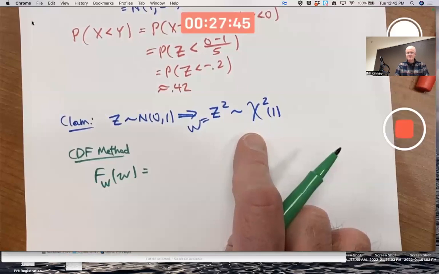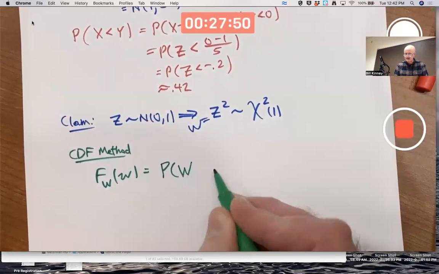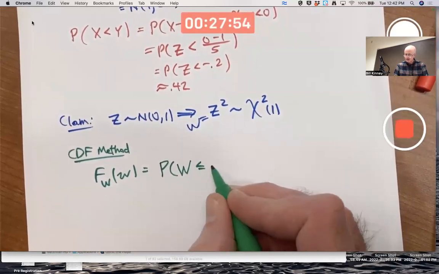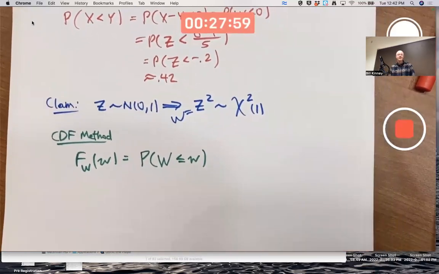And I said, when you use this method, you always want to use the fact that the CDF is always the probability that your random variable is less than or equal to the given number, in this case, little w. And then you just got to work from there.